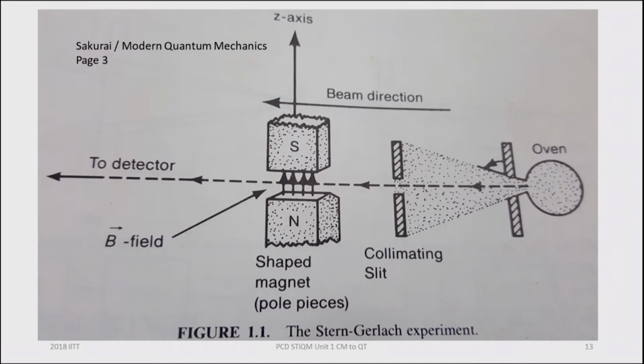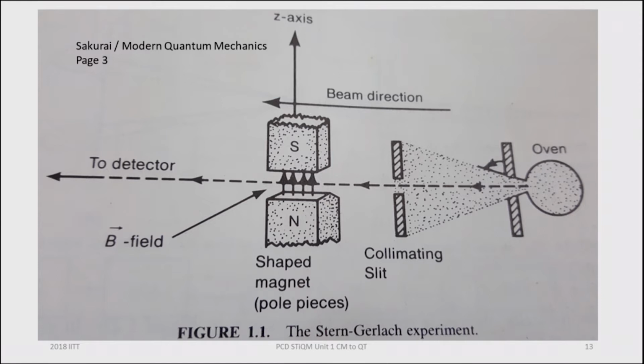So, you have a shaped magnet, and what it does is it separates the incoming silver atoms into two, because the silver atom is a neutral atom, but outside it has got an unpaired electron.